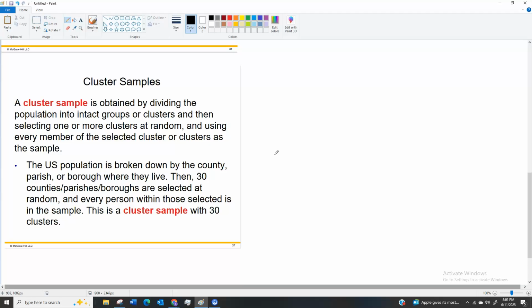But it is a cluster, and it would be easier to sample an intact class than it would be to randomly select students from across the Kingwood campus and try to get information from them. So mostly just think of a cluster as intact groups. They are clustered together.